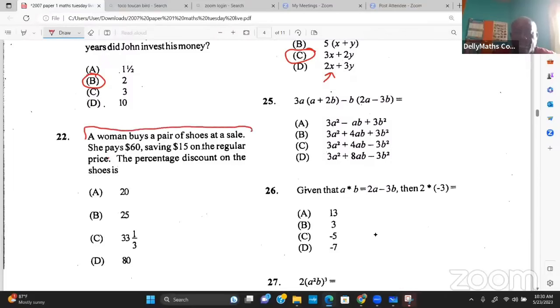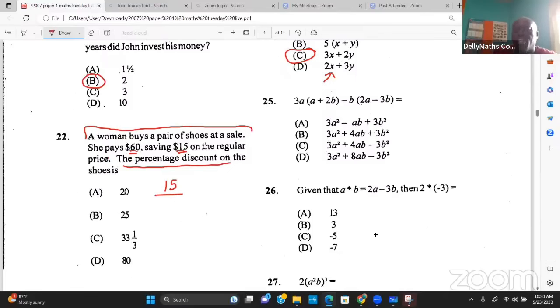She buys shoes on a sale. She pays this. But when she pays that, she saved $15, right? She saved $15 on the regular price. So the percentage discount that you want to find. This is her discount. That is the discount that she got.